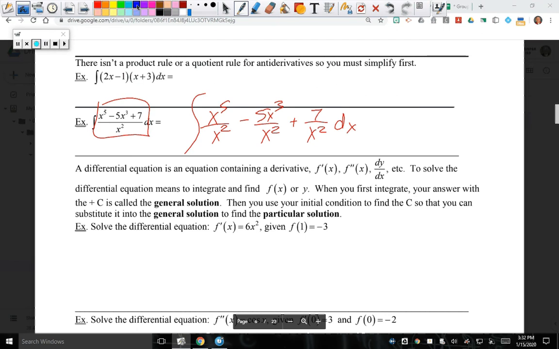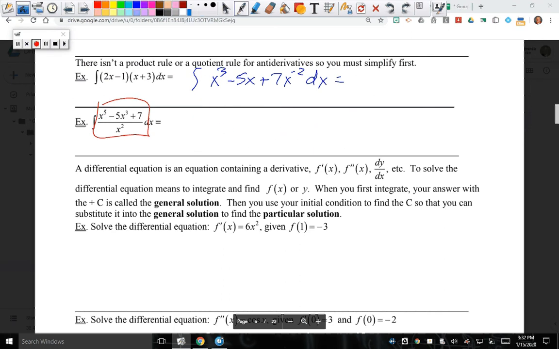And you would even go further and write it in simplified form. What would I write? X cubed minus 5x plus 7x to the negative 2. I made it easier by making it more terms rather than just 1. And I also rewrote the powers so that I could use my reverse power rule.